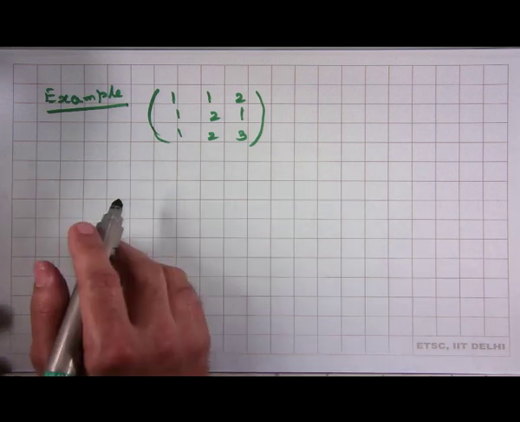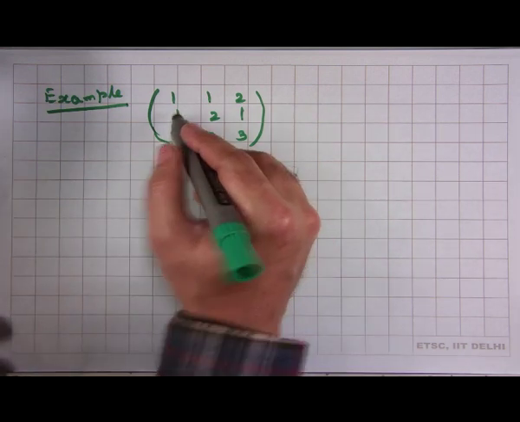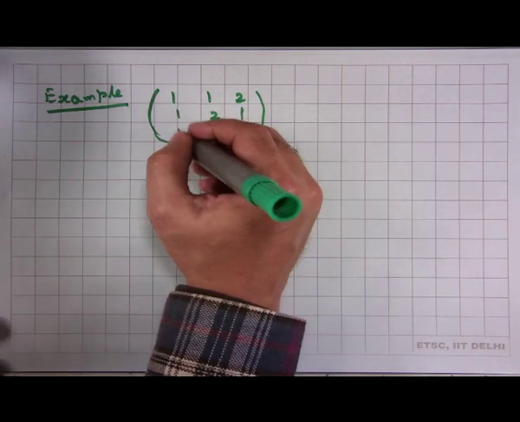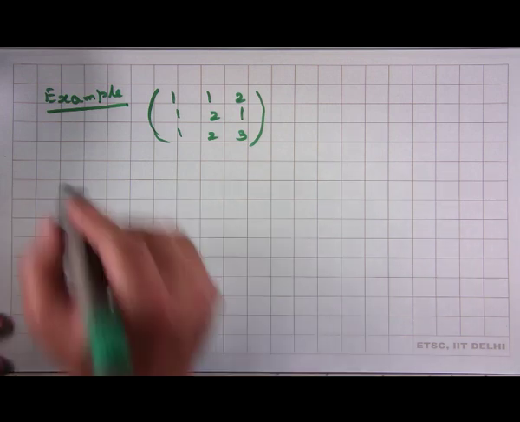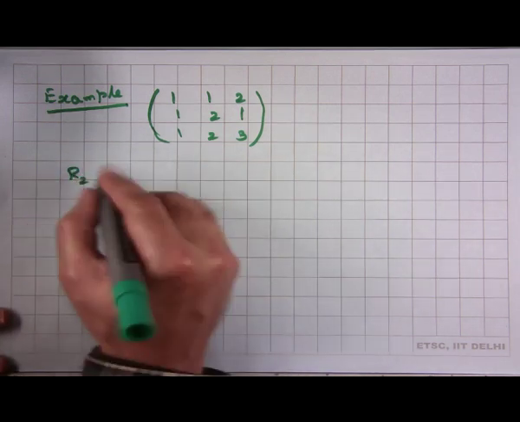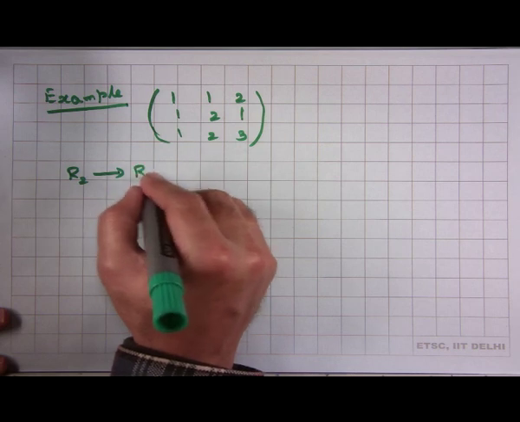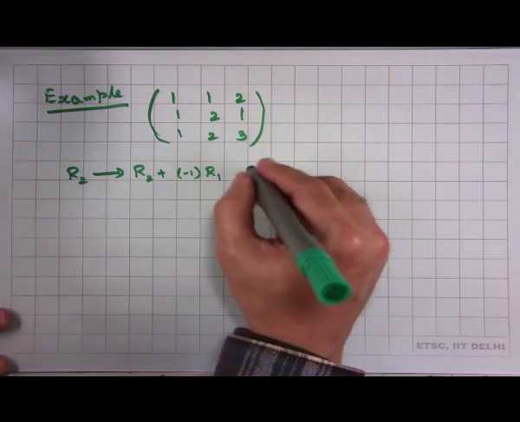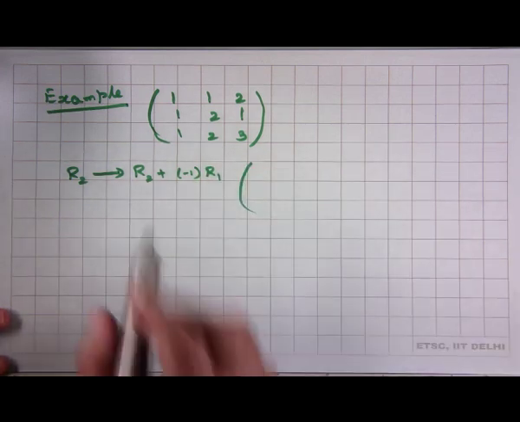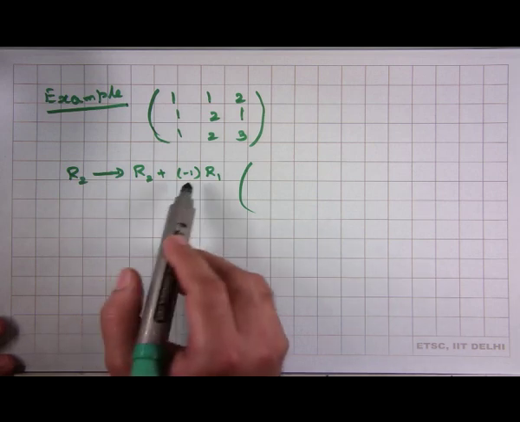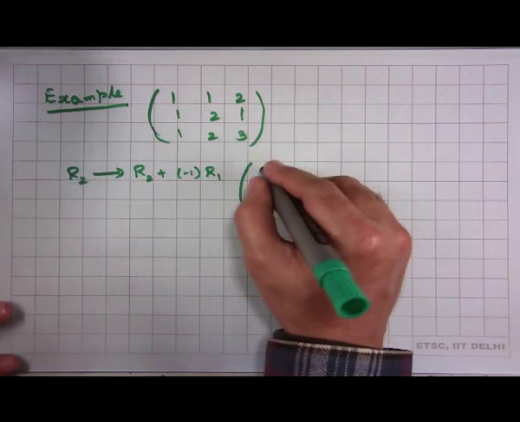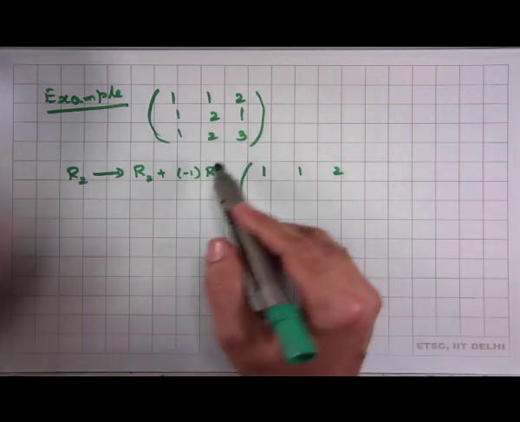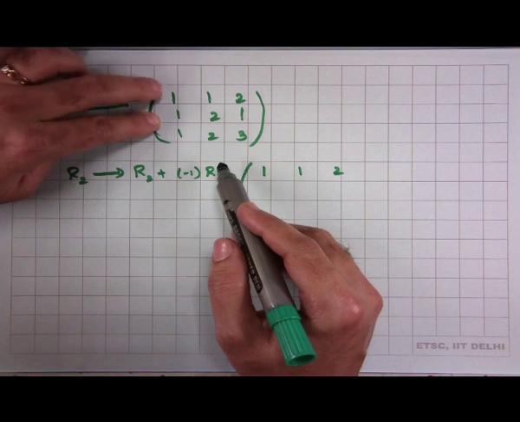So, the next thing that you will have to do is make the, so it is again 1. So, we do not have to divide, you will have to look at the other entries, they are non-zero. So, how to make it 0? Replace R2 by R2 plus minus 1 times R1, right. R2 is replaced by R2 plus minus 1 times R1. So, first row is kept as it is. Second row, R2 plus minus 1 times R1.